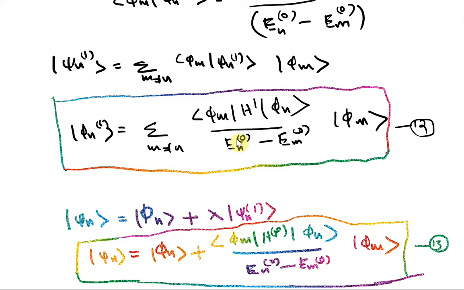So we have discussed the first order correction in wave function and the final wave function form. Now what we have to do is to find out the second order correction in energy, and we are not going to deal with the second order correction in wave function. We'll be discussing just the second order correction in energy, and then let's see how that series goes, and that will give you an idea about the convergence of the series.